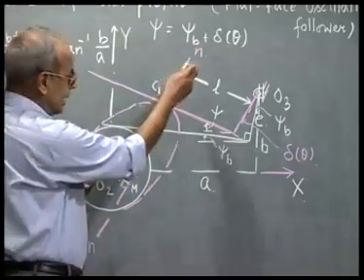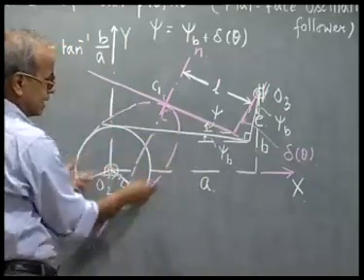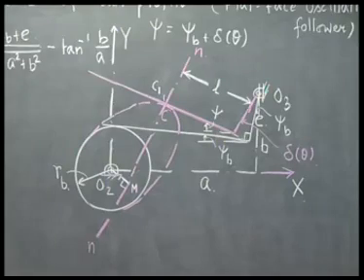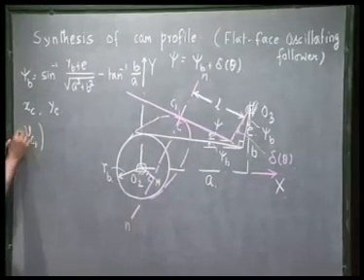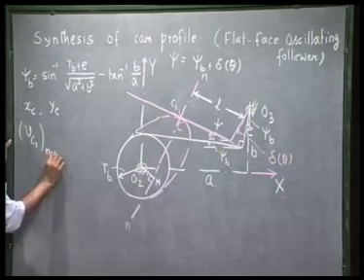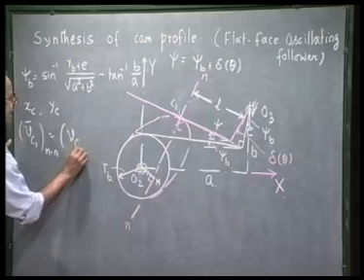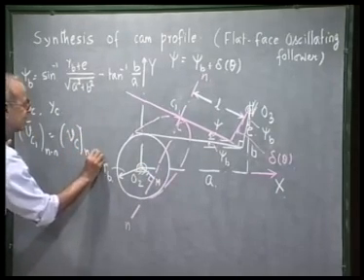Otherwise the contact will be either lost or one point will get into the other. That means, because they are rigid bodies, that cannot happen. To maintain the contact, velocity of the point C1 along the direction NN must be the velocity of the point C along the same direction.